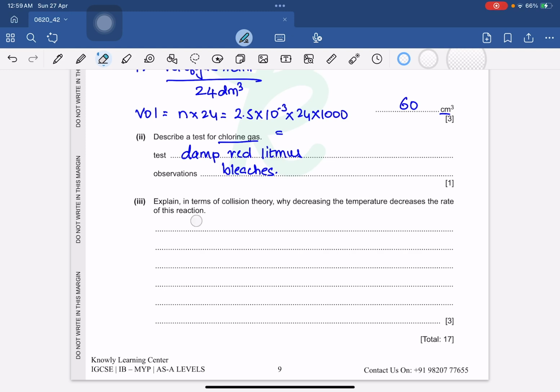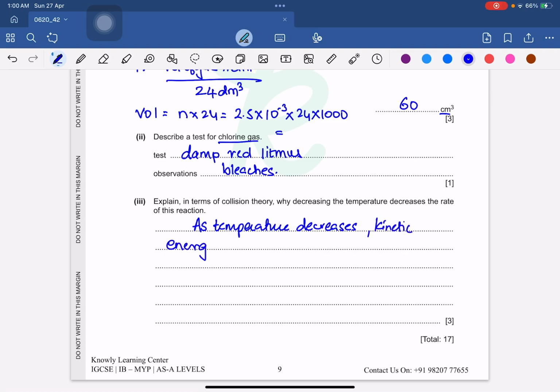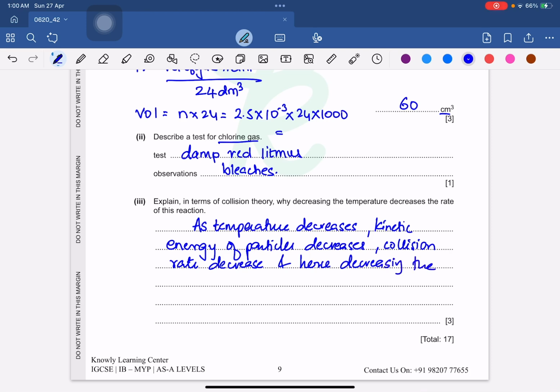So as we all know, as temperature decreases, kinetic energy of particles decreases, collision rate decreases, and hence the rate of reaction decreases.